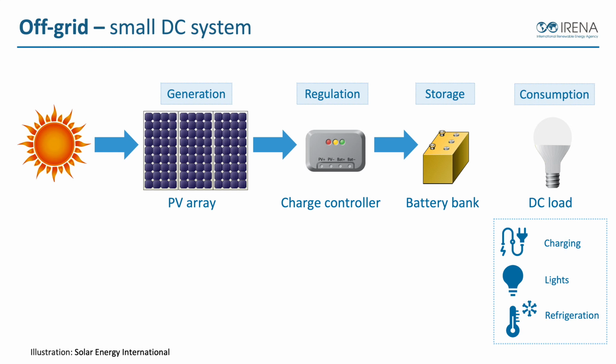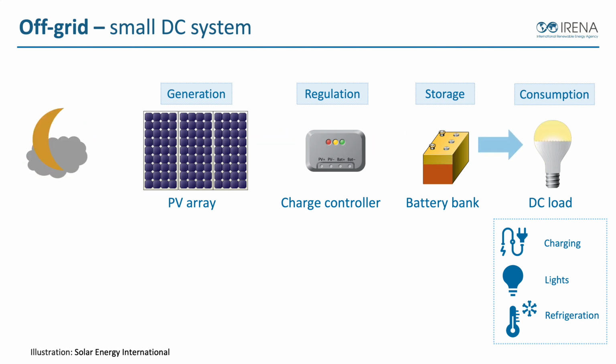And in this example, we're looking at DC-only applications, so a simple DC lighting system. So when the sun shines, we charge the battery bank, and ideally we would get that battery bank full every day. We use the PV array, the charge controller, and the battery bank to create and store energy.